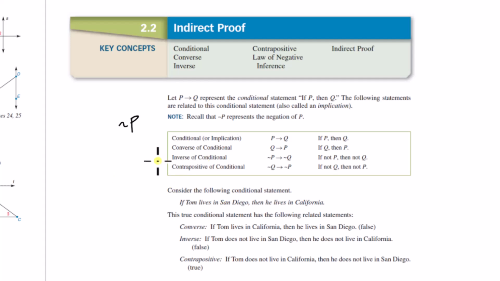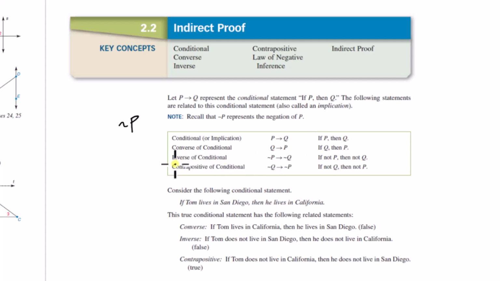So let's think about these four scenarios related to a conditional statement. Here's the conditional, or the implication: if P, then Q. Now there's the converse of that: if Q, then P, which is related to reversibility.